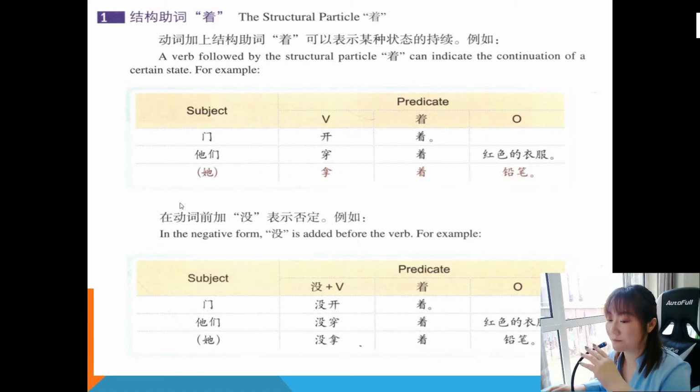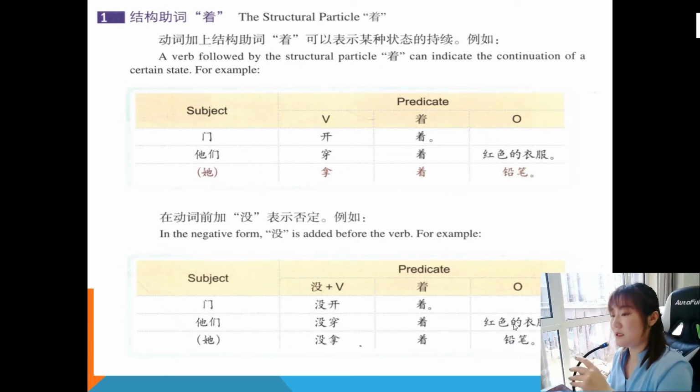穿着 wearing. And for the negative form, add 没 before the verb. For example, 门没开着。他们没穿着红色的衣服。But how about the interrogative sentence?